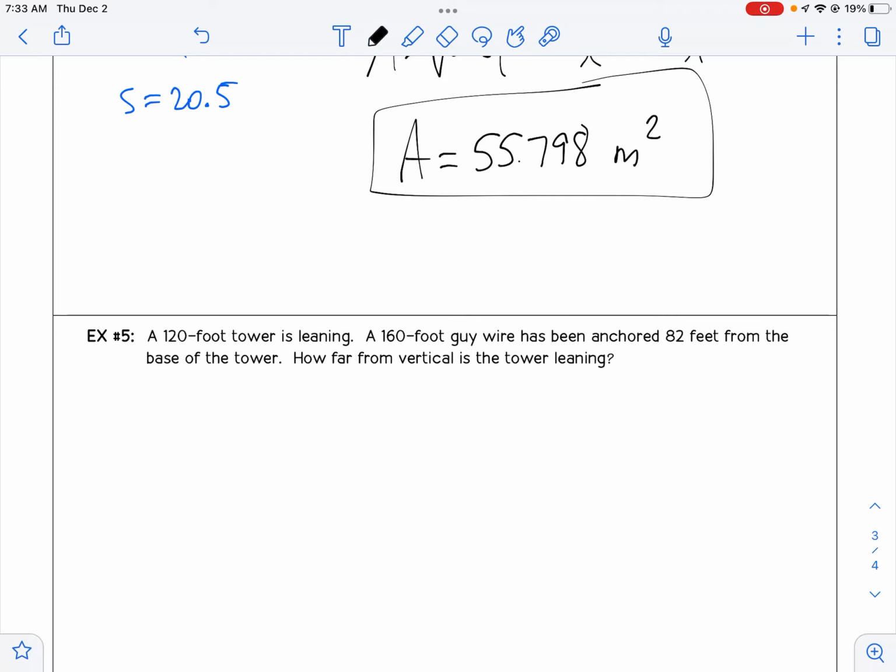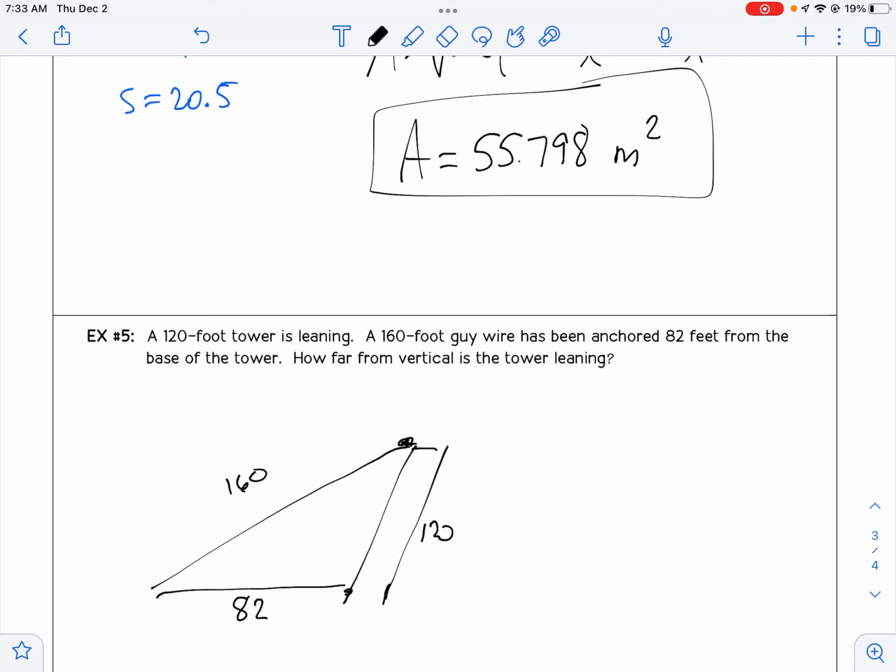If this tower is leaning like this, the leaning tower of Pisa, it's 120 feet. The guy wire, I'm assuming, would be attached here and pull the tower back that way so it doesn't fall. That's the 160-foot guy wire, and it's been anchored 82 feet from the base of the tower.